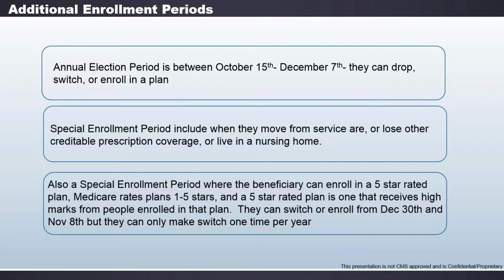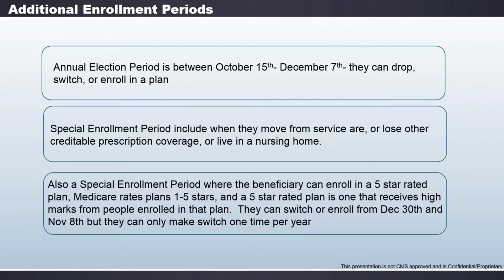And then also, the special enrollment periods where the beneficiary can enroll in a 5-star rated plan. When it comes to your plans for Medicare D, there are 1 through 5 stars for these plans, and these are rated by people who get enrolled in them and make marks on how well they feel that plan is fitting their needs, between their customer service and coverage.